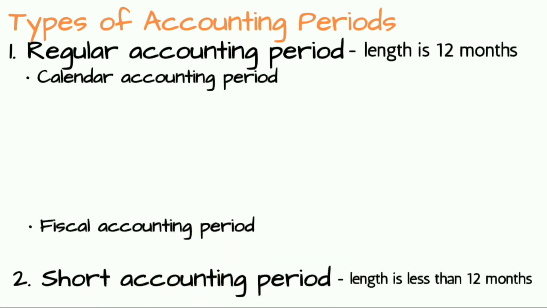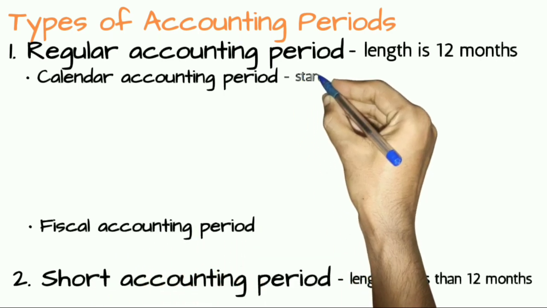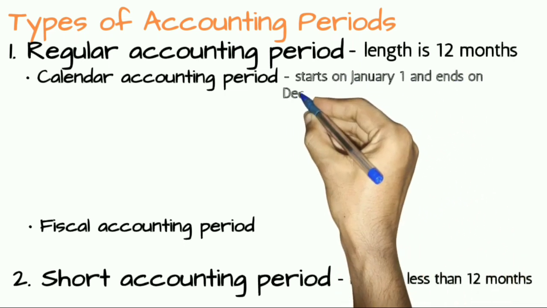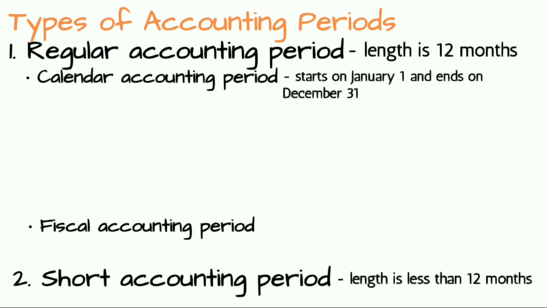The calendar accounting period starts from January 1 and ends on December 31. That's why tinawag siya na calendar accounting period kasi nga ang kalendaryo nag-i-start yan ng January 1 at nagtatapos ng December 31.